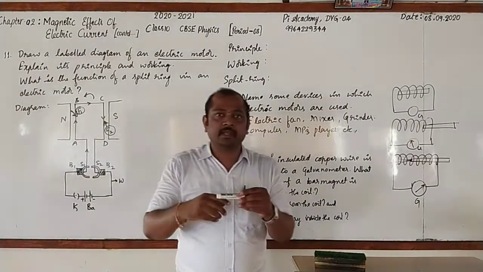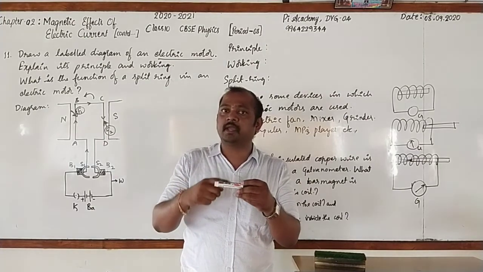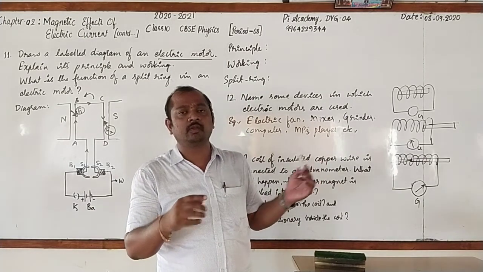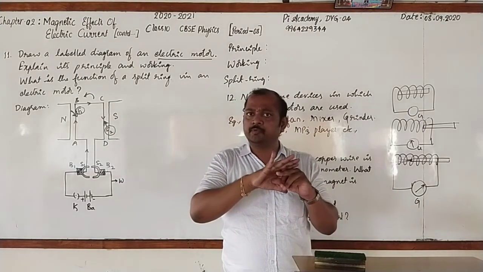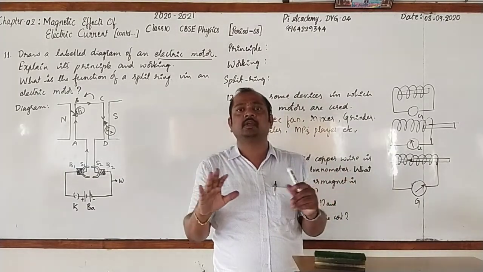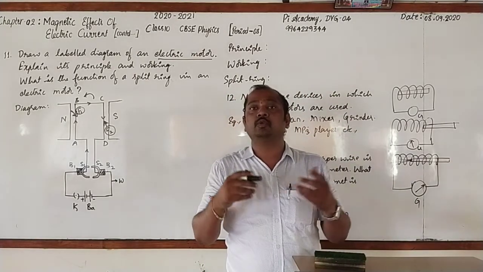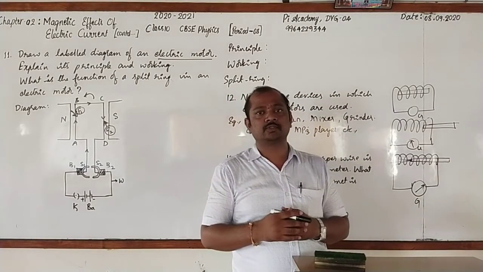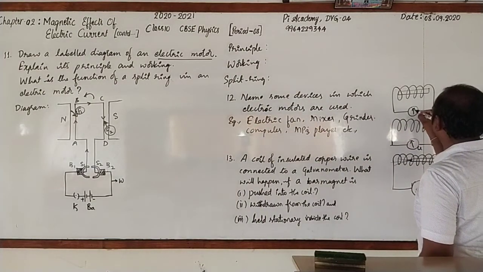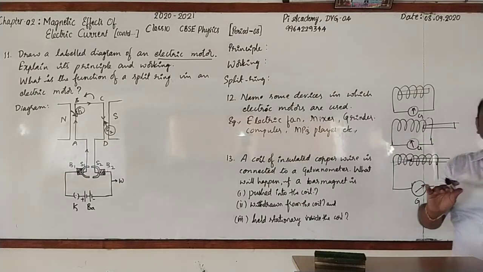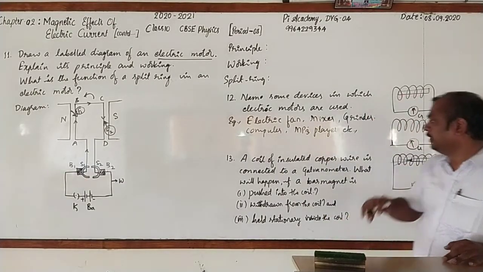When the bar magnet is not moving, will there be any change in the magnetic field linking with the coil? Not at all. If there is no change in the magnetic field, no current is induced. At that time, the needle in the galvanometer shows zero deflection. Hope that you have understood.